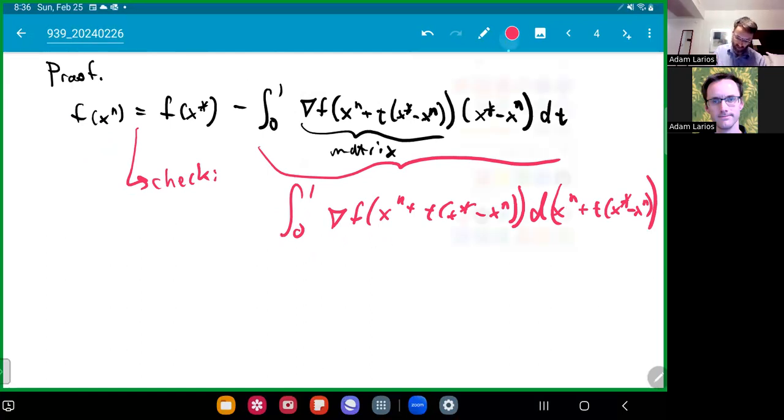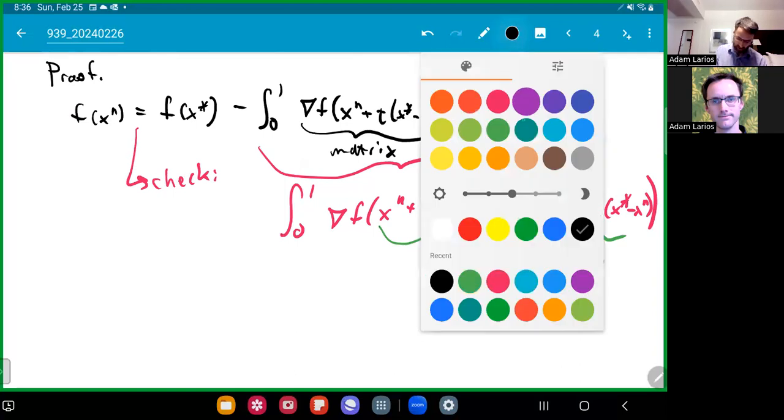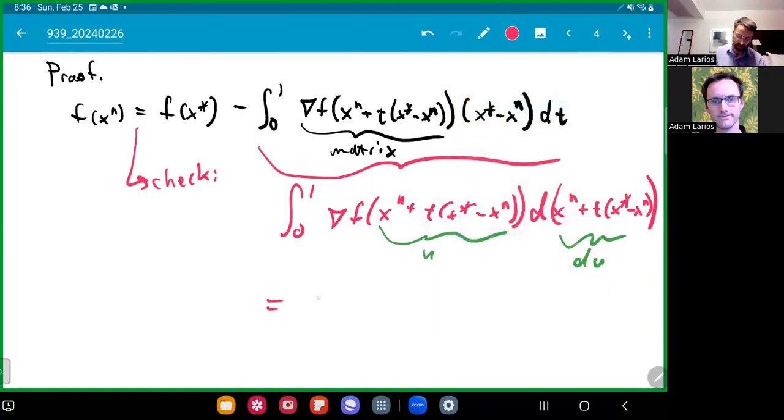You could relabel this thing as u, and then you would have du here, thinking about these things as vectors. And then this piece would just be, by the fundamental theorem of calculus, the integral of a derivative at the end of the day. If it helps, you might want to write this out in the one-dimensional case with an f prime. Remember that this is a matrix times a vector, so this is a matrix-vector product, which yields a vector.